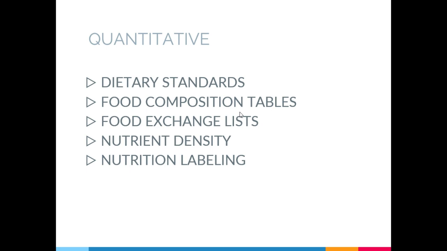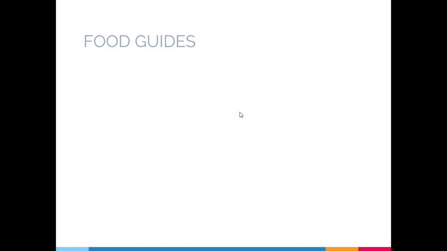It might sound easy, but later you might realize that you might have been reading food labels wrong in the past. We will look at that later. Each of these tools, we will discuss.